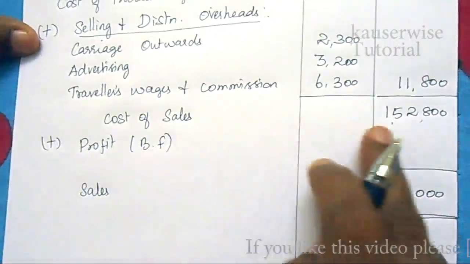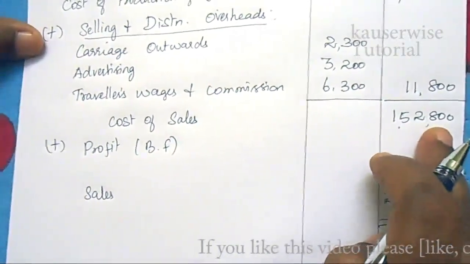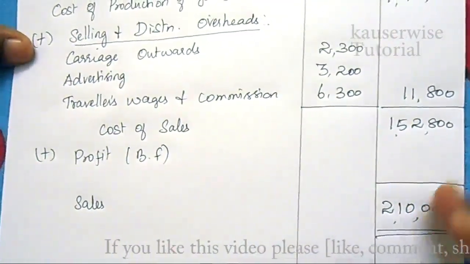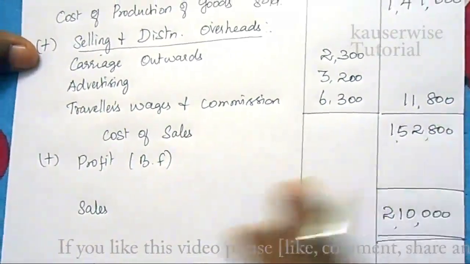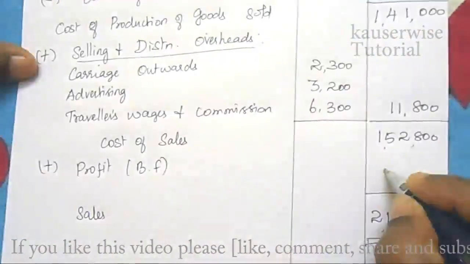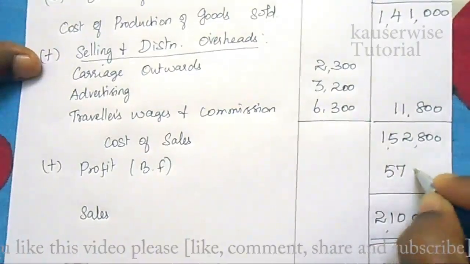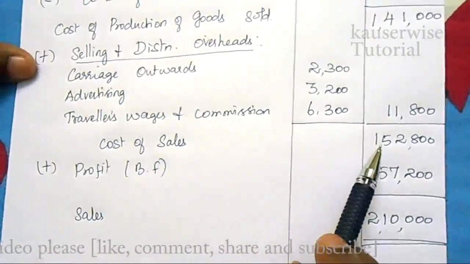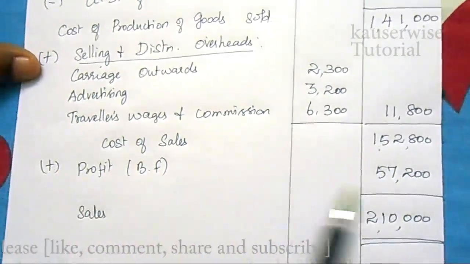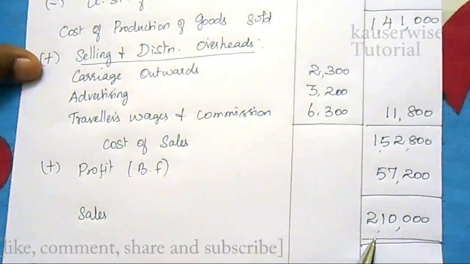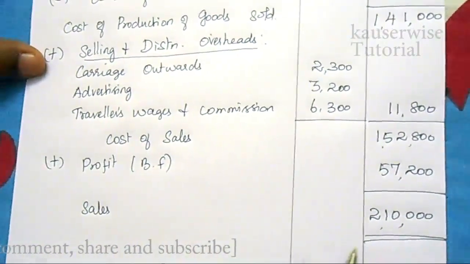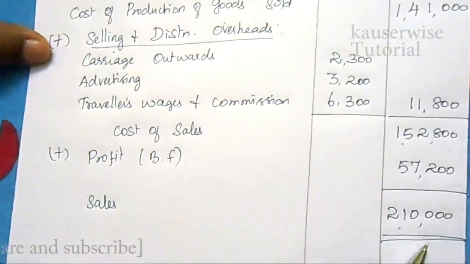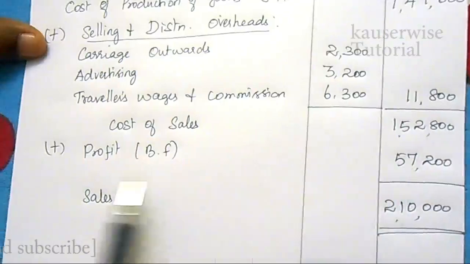Total cost of sales is 1,52,800, and the selling price is 2,10,000. The balancing figure between selling price and cost price is equal to profit, 57,200. This is profit. Cost of sales 1,52,800 plus profit 57,200, then the selling price will be 2,10,000. But in this problem, selling price is given, so the balancing figure 57,200 is the profit.